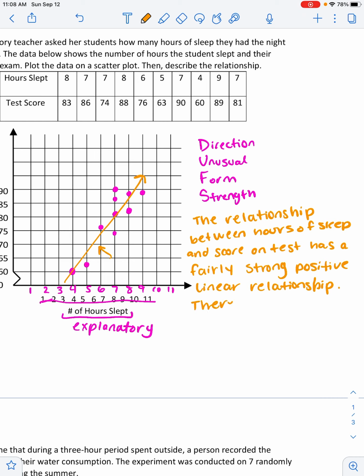There are no unusual features. So here I've described direction as positive, I've said strength as fairly strong, and I have said form as a linear relationship. So I've described everything.